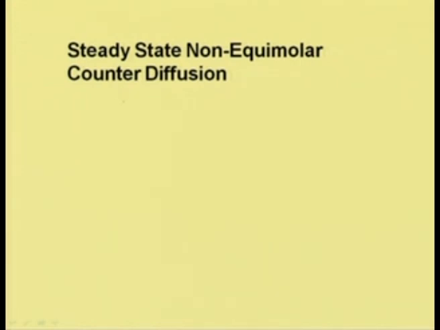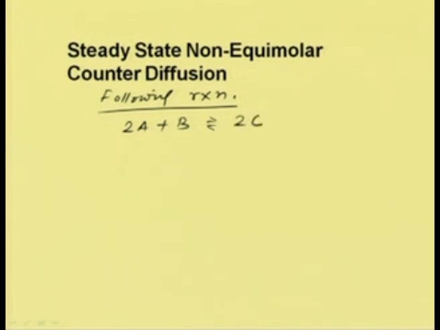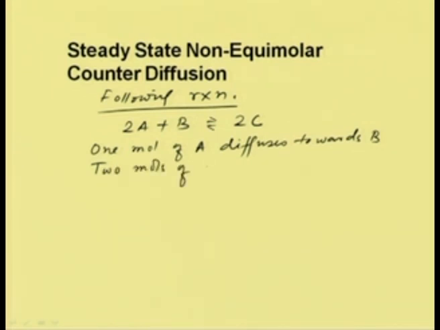Let us consider the following reaction: twice A plus B forming twice C, where 1 mole of A diffuses towards B, whereas 2 moles of B diffuse back, in the opposite direction.